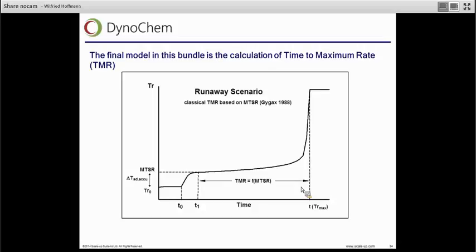That means a high time to maximum rate is a low thermal risk, and a low time to maximum rate is a high thermal risk. That can be used for statements on process safety. So it has some value to know the time to maximum rate.